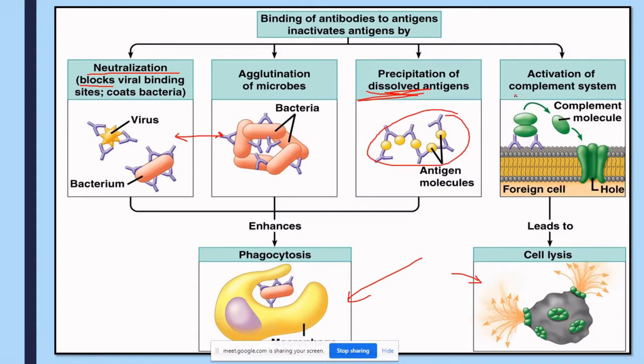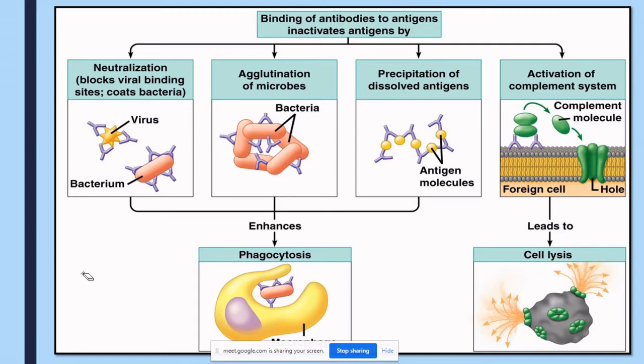And then, have you heard of something called the complement system? They are heat labile proteins. And why are they called complement? There are a total of 3 pathways, complementing the immune defense. Are you understanding? That is why they are called complement factors. Now, how many are there?